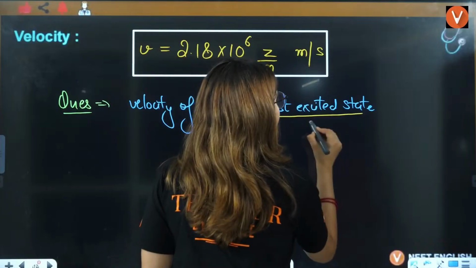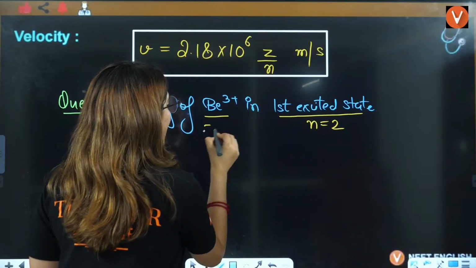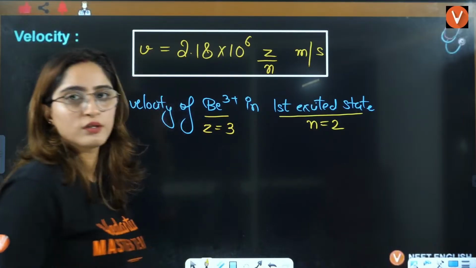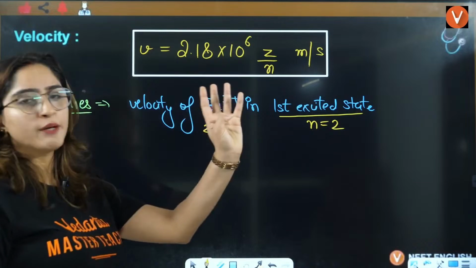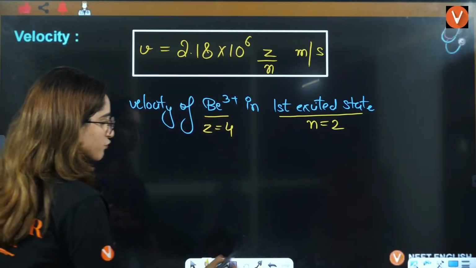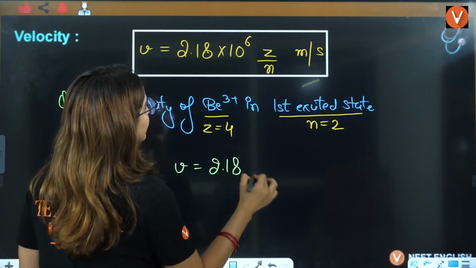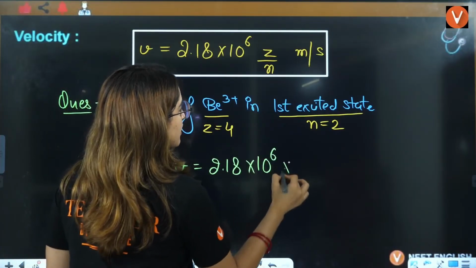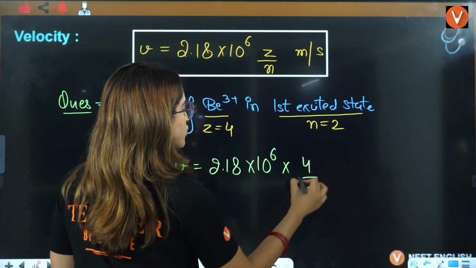So first excited state is nothing but N is equal to 2. For beryllium, Z is equal to 4, right? Hydrogen, helium, lithium, beryllium. It is Z equal to 4. Now, velocity will be simple: 2.18 into 10 raised to power 6 into Z by N. Z is 4, N is 2, so 2 into 2.